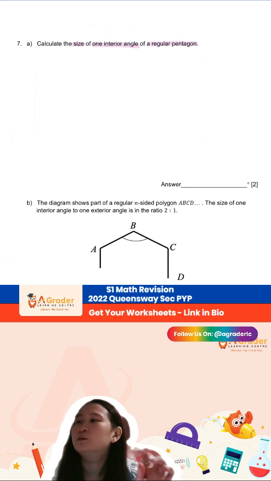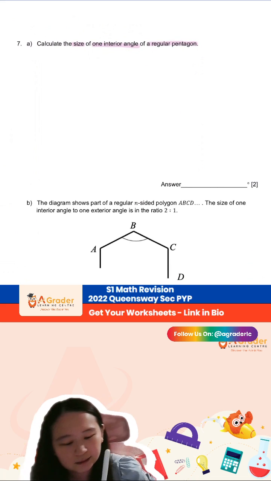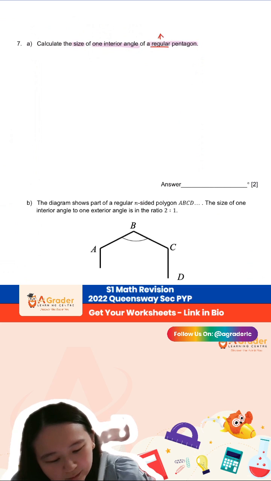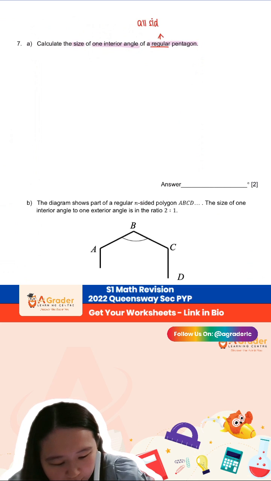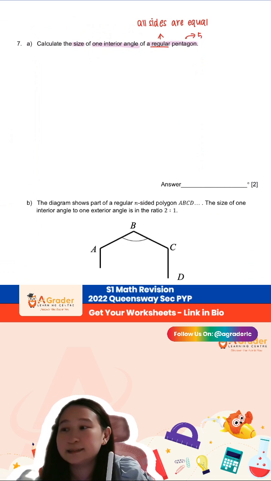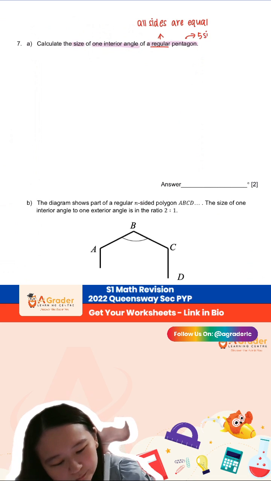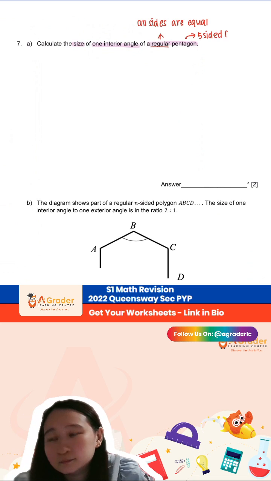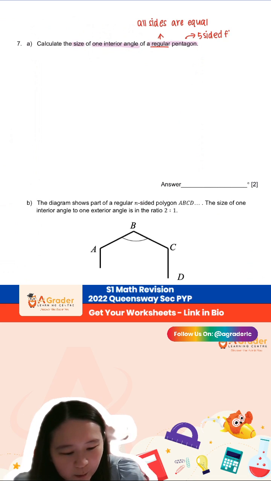So regular means all sides are equal, and a pentagon is a 5-sided figure, a 5-sided polygon.